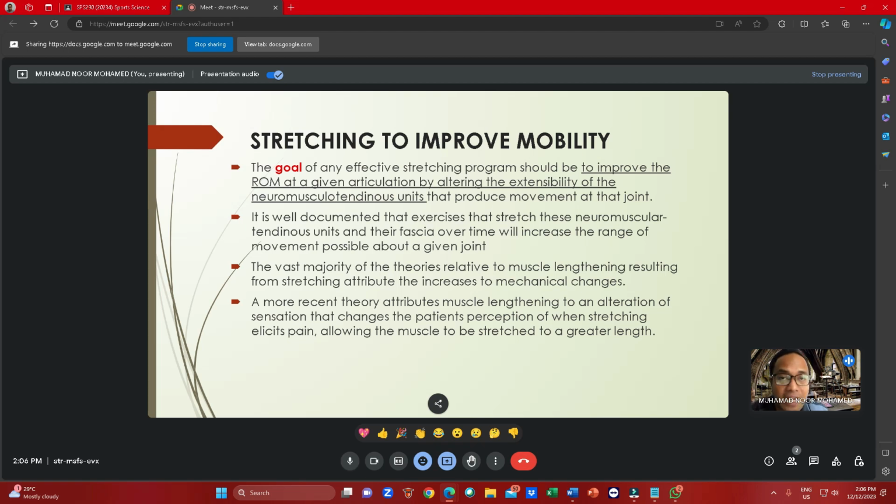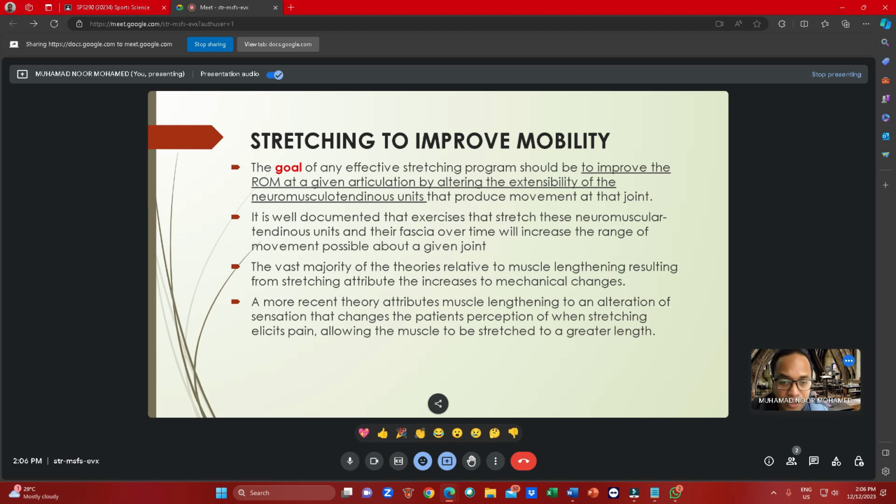In other words, we try to increase the capability of our muscle and proprioception at any given or injured joint in order to get it back to normal or even better. That is a stretching program. It is well documented that exercise that stretches this neuromusculotendinous unit and the fascia over time will increase the range of motion possible about a given joint.